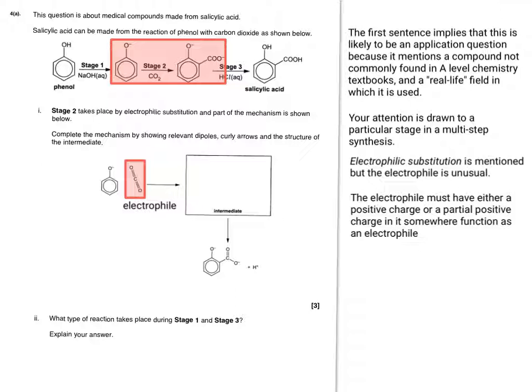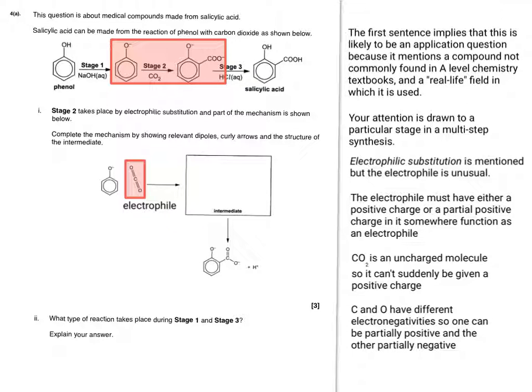So what we've got to think about is, how does this CO2 molecule behave as an electrophile? CO2 is neutral, so we know it's not going to have a positive charge on it in the sense of a full plus. But carbon and oxygen have different electronegativities. So that means you can put delta plus on one and delta minus on the other.